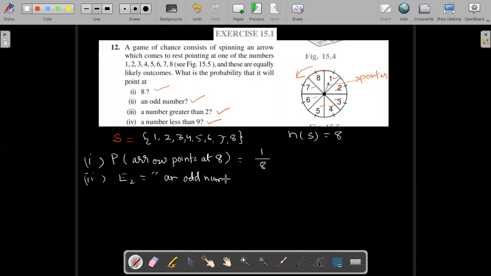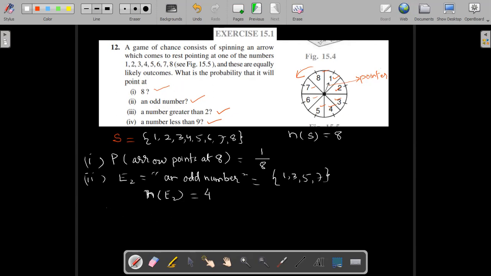Here possible odd numbers are 1, 3, 5 and 7. So number of cases favorable to event E2 is 4.